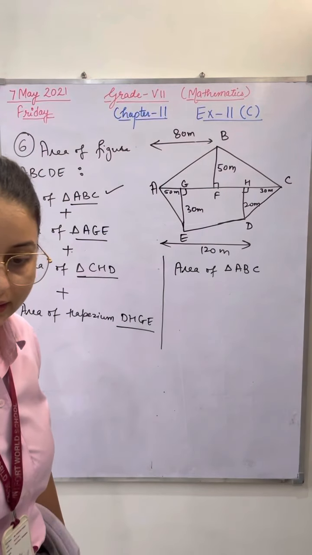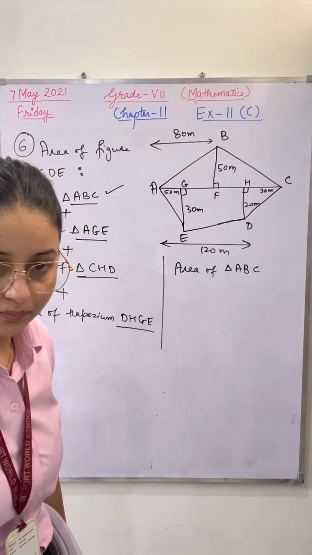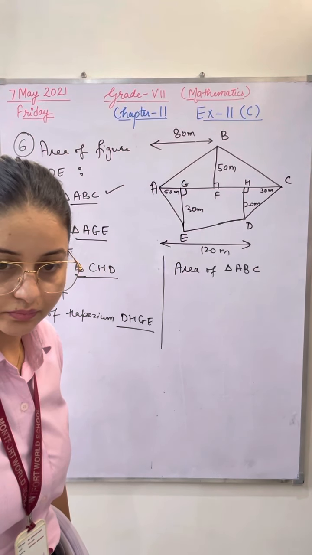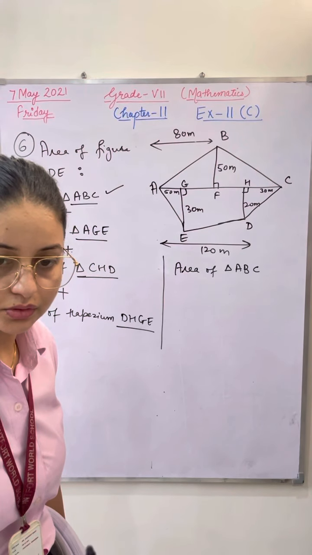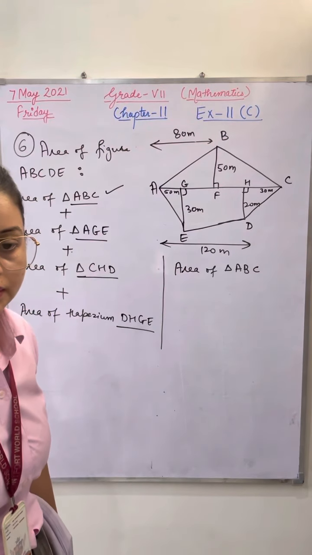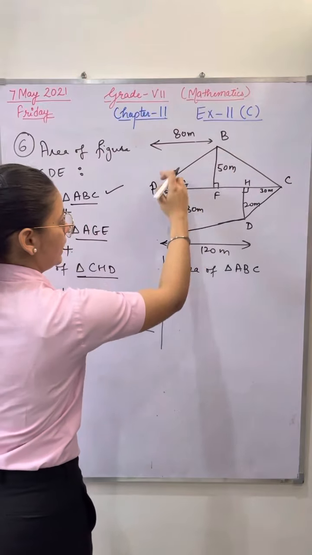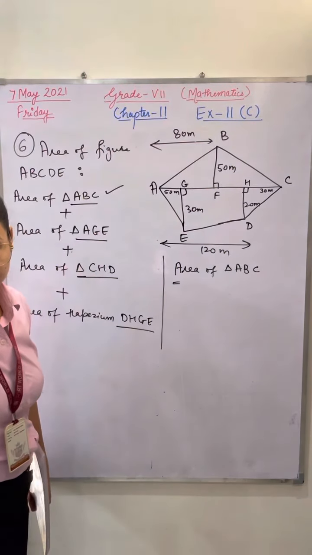Arush, please unmute yourself. Good morning, ma'am. Good morning. Arush, please tell me, in this complete triangle ABC, area of triangle is what, first of all?